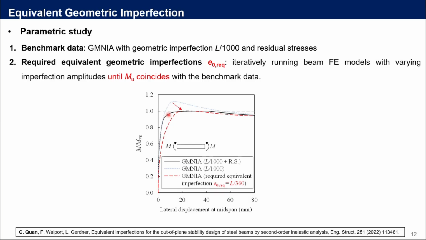Secondly, we need to iteratively run the beam FE models with varying geometric imperfections only, without residual stresses, from the blue curve to the red curve until the ultimate resistance coincides with the benchmark data. The imperfection amplitude at that point was taken as the required equivalent geometric imperfection.